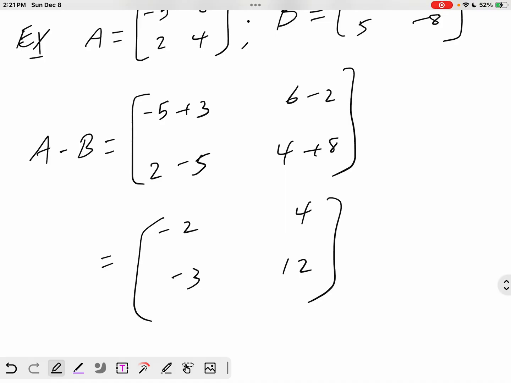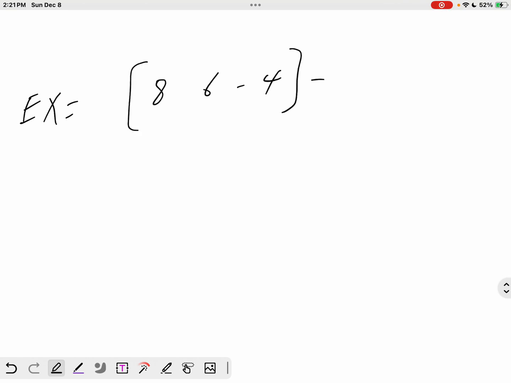So similar idea, they must have the same dimensions, but subtraction is adding the opposite. Here is one more, with 1 row and 3 columns. For example, [8, 6, -4] minus [3, 5, 8].